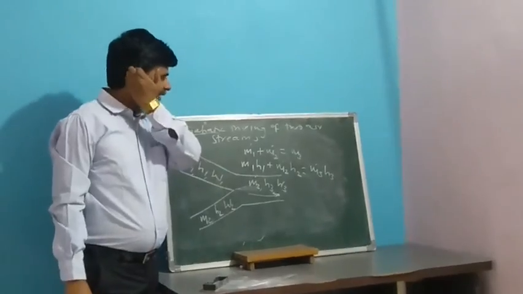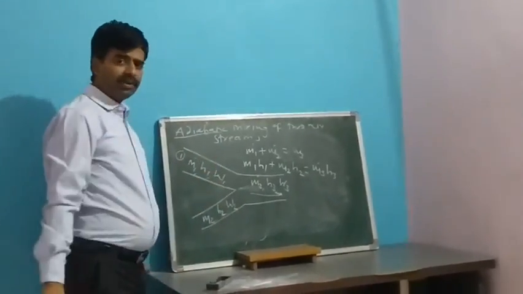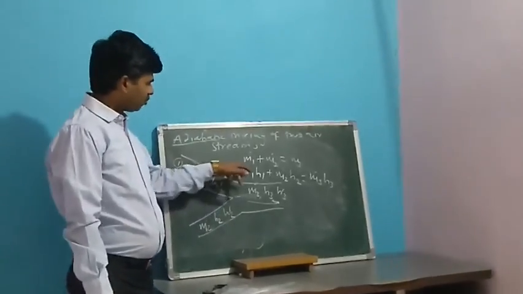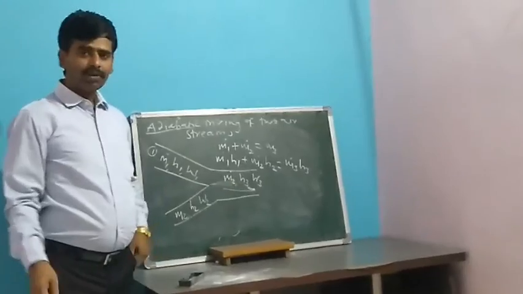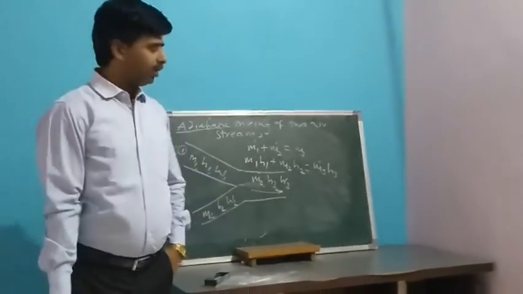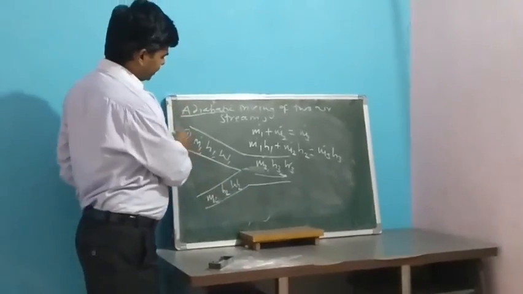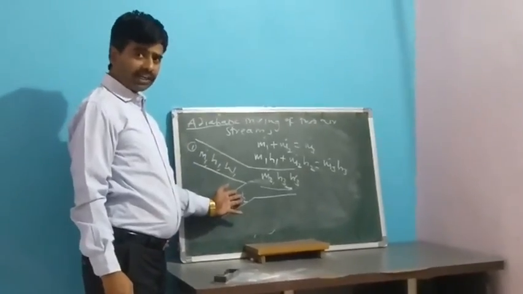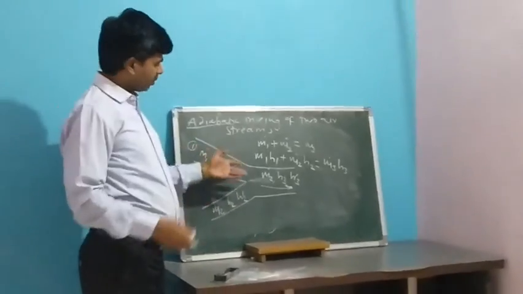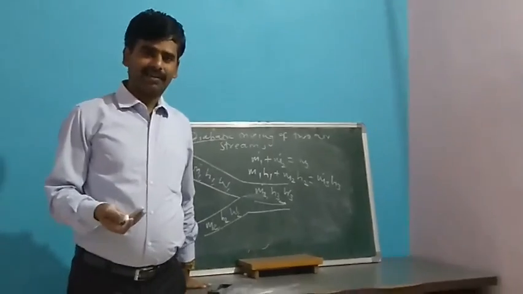Like that we can write the enthalpy balance or energy balance. We can also write the humidity balance: m dot 1 W1 plus m dot 2 W2 is equal to m dot 3 W3. So if you know the properties, for example, this is the airstream of fresh air and this is the airstream of recirculated air, both get mixed, we can determine the properties of that mixed air using these equations.